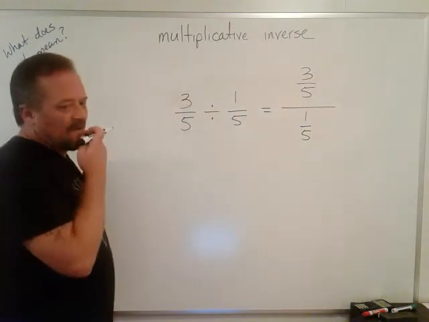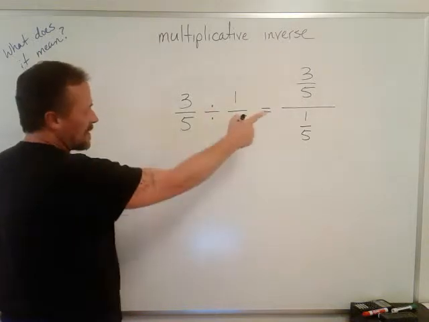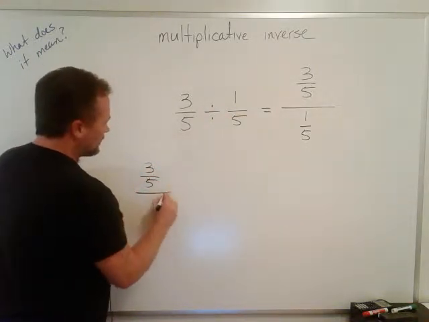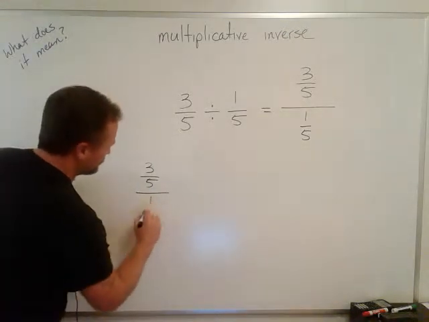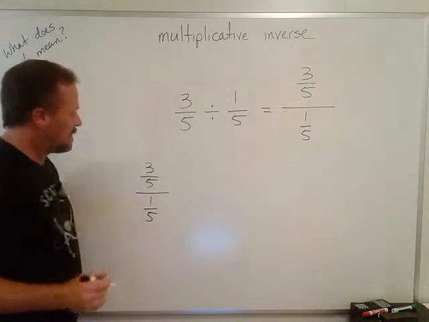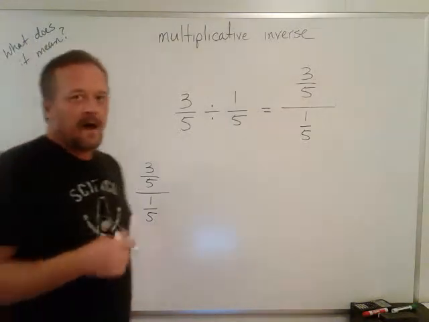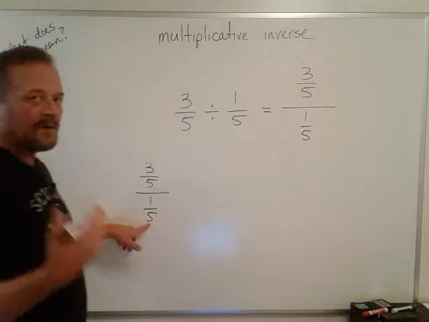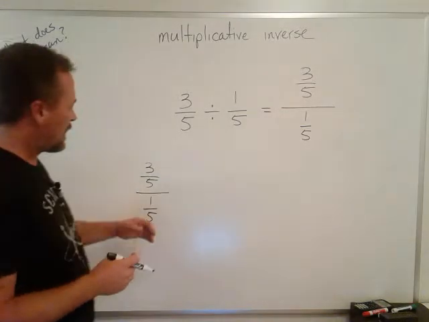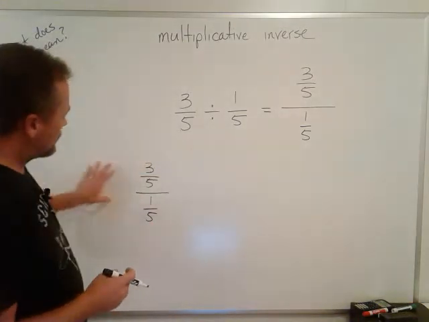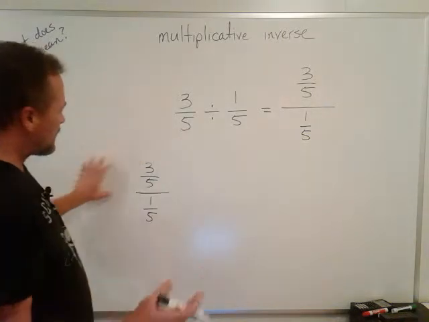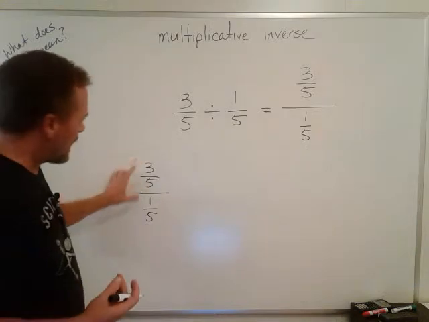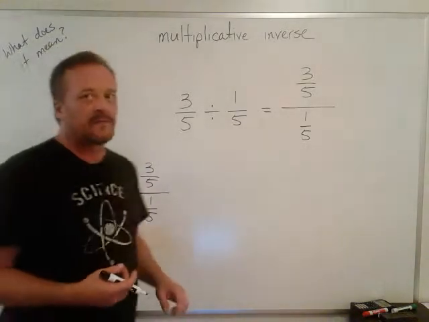Okay? Now, I'm going to copy that fraction down here because I'm going to do something kind of weird with it. I'm going to get rid of this. What I really want to see happen is I want a nice problem here. I want a fraction here that has lots of information in the numerator and a 1 in the denominator.